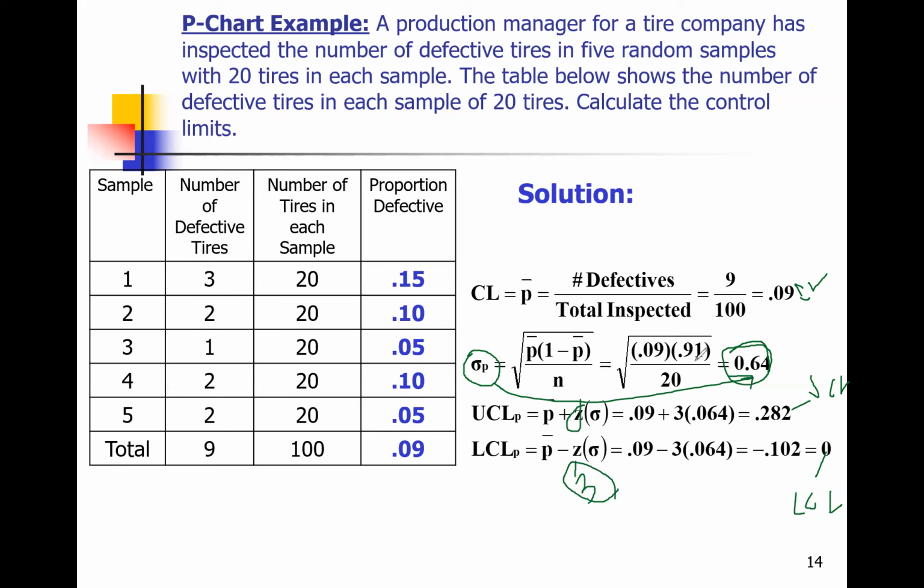Okay sir, 0.09 multiplied, calculate it. Sir, it is 0.064. It is a typo. Yes, sir, 0.064 comes out, not 0.64. So it is a typo.